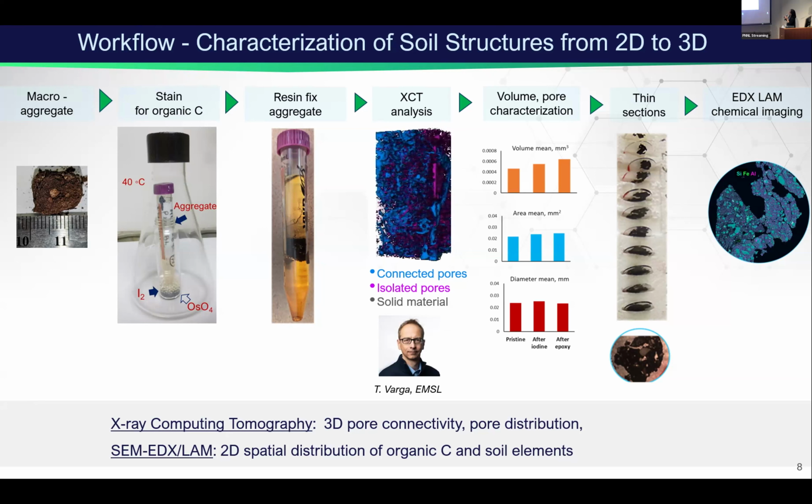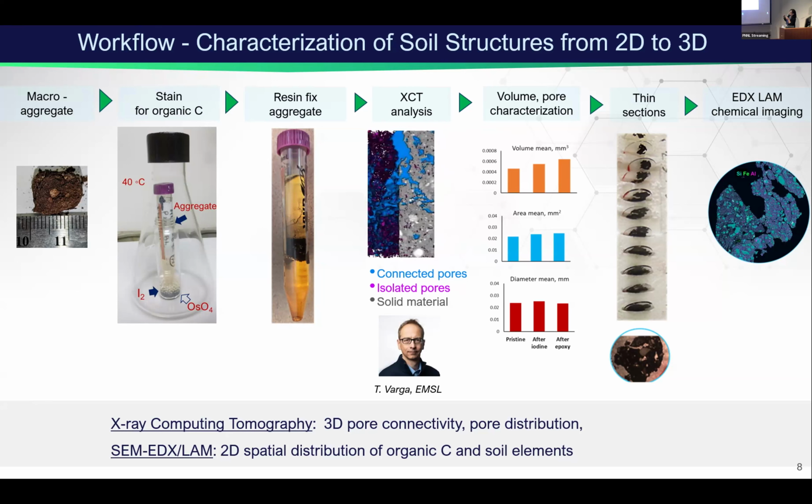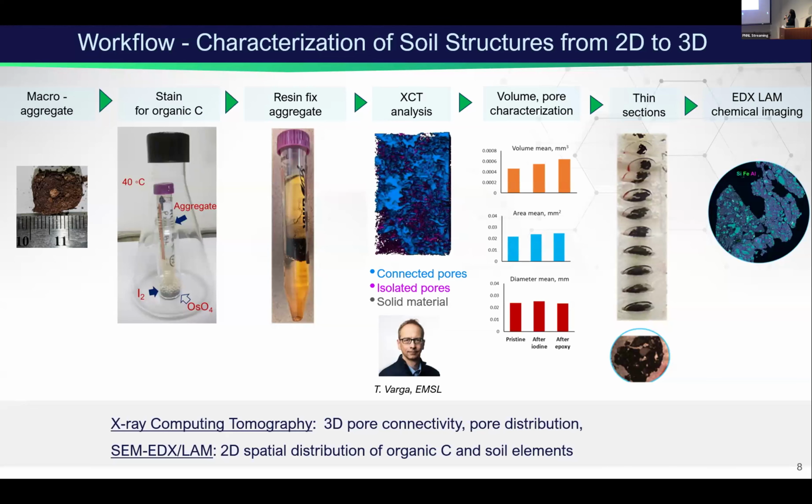So after we do that part, then we take this aggregate that is impregnated in that epoxy, and we do these thin sections that are shown in that image there. And then every thin section is put into the SEM, and then we do the chemical imaging using LAM application. That circle there is about 2.5 centimeters, just to tell you the size that we're looking at right now.